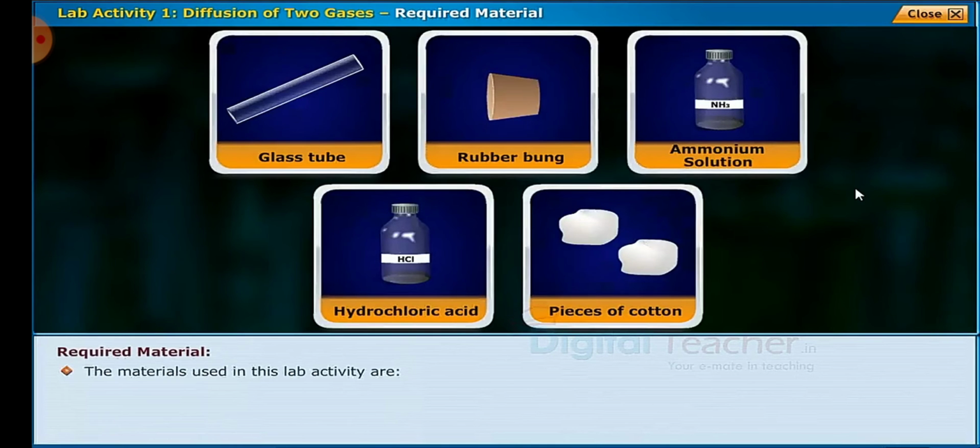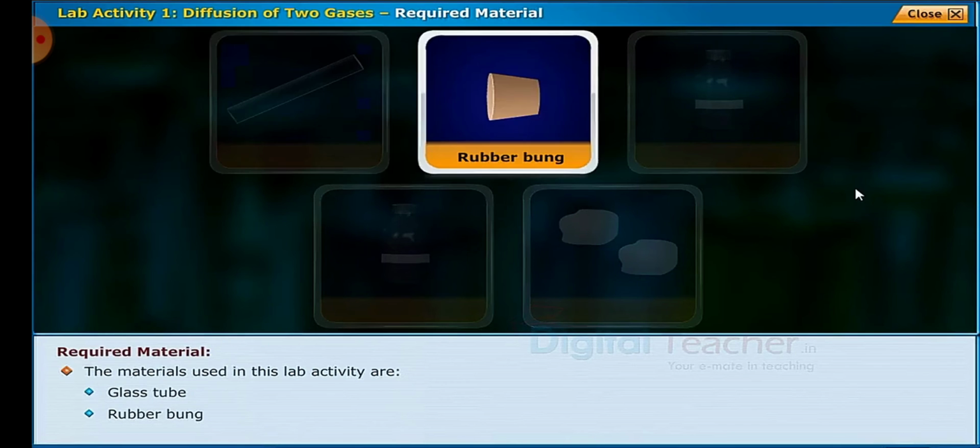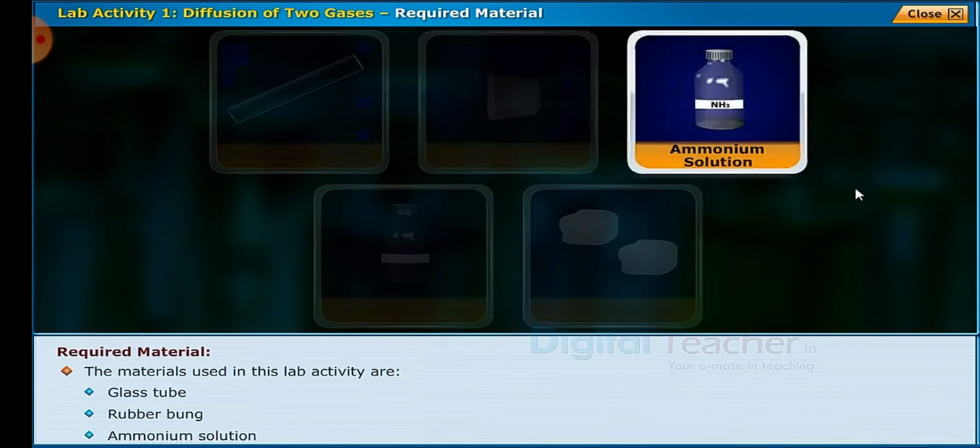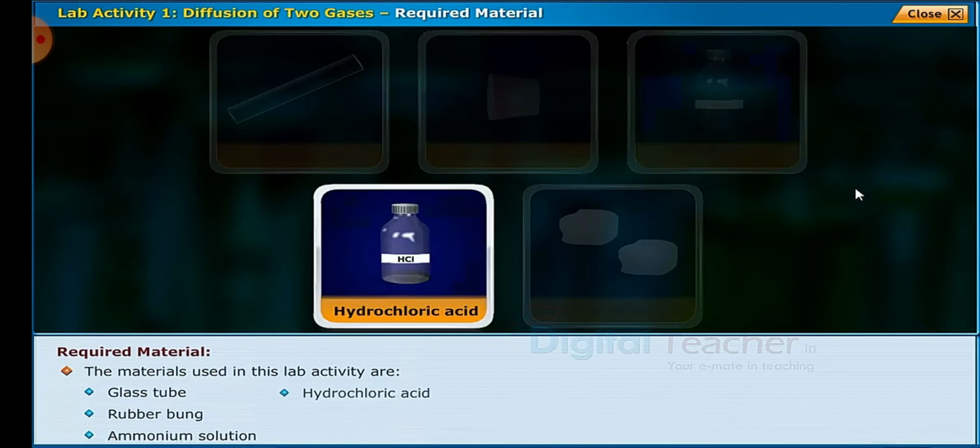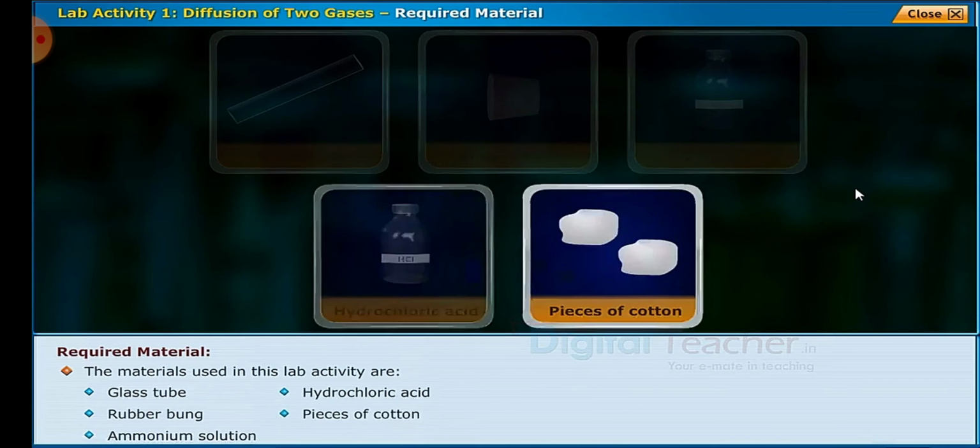The materials used in this lab activity are glass tube, rubber bung, ammonia solution, hydrochloric acid, pieces of cotton.